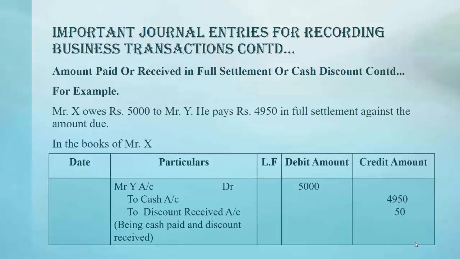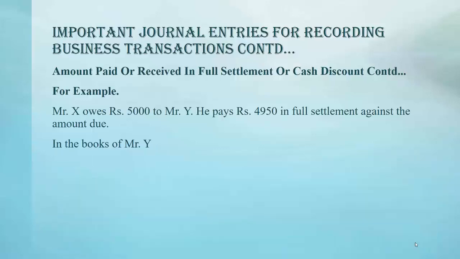Mr. Y's account will be debited with rupees 5,000 because Mr. Y should get rupees 5,000, but he is actually getting rupees 4,950, so cash is going out with rupees 4,950, so the cash will be credited with rupees 4,950 and cash discount is of rupees 50, so the discount received account will be credited with rupees 50. And at last we have to put the narration being cash paid and discount received.